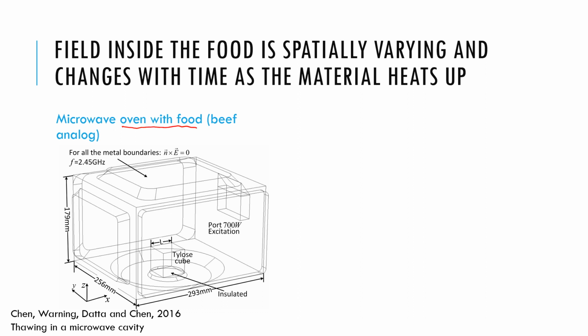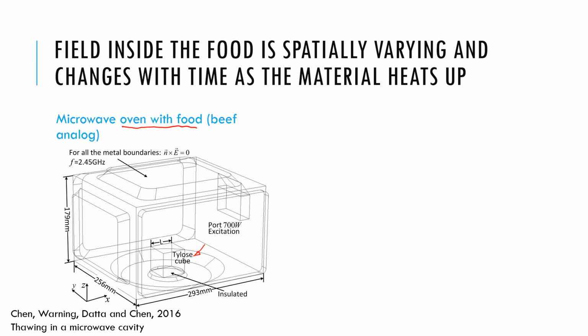This is the oven with food. And what is the food? As you see, it says Tylose cube. This cube, the Tylose, has the properties of beef with the right kind of salt content. It's a cellulose that with the right amount of salt content has the properties of beef.